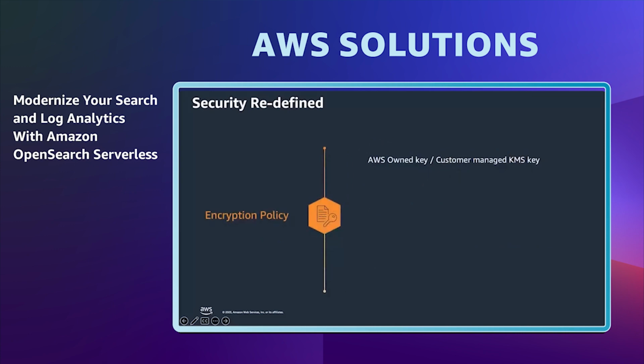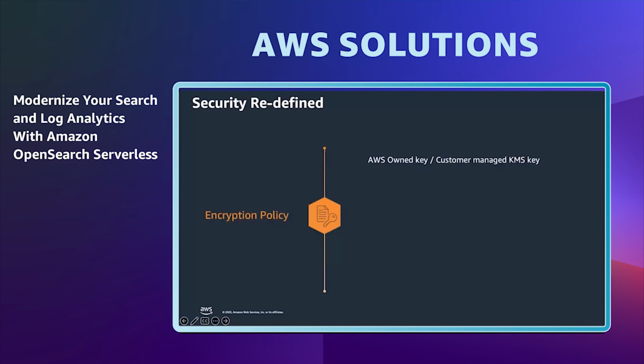So with encryption policy, you can manage many collections at scale by automatically assigning an encryption key to the newly created collection, which matches a specific name or pattern. Say if you are sending data from different log sources, for example, HTTPD log, Nginx log, container logs, you can have a pattern, say httpd-*, container-*, or nginx-*.